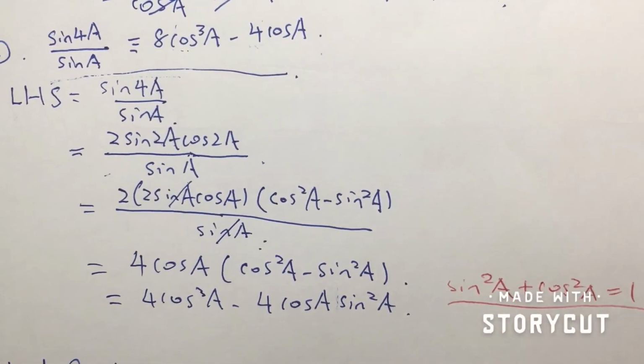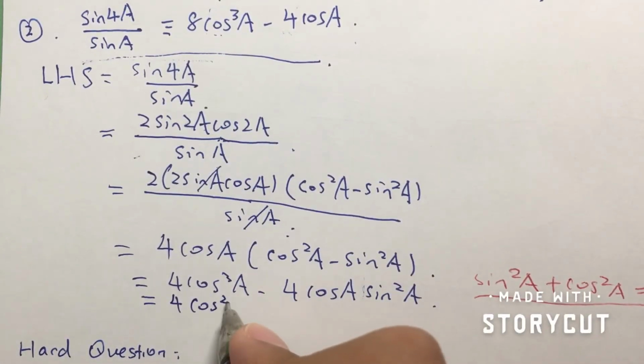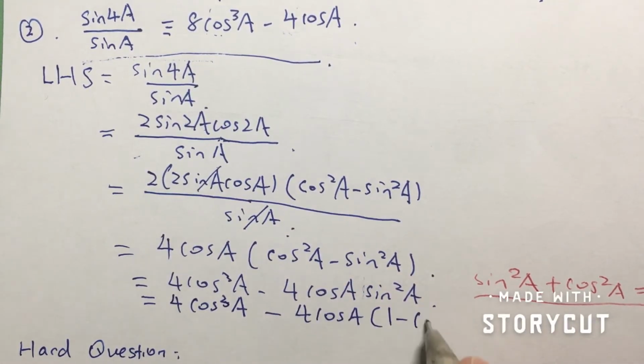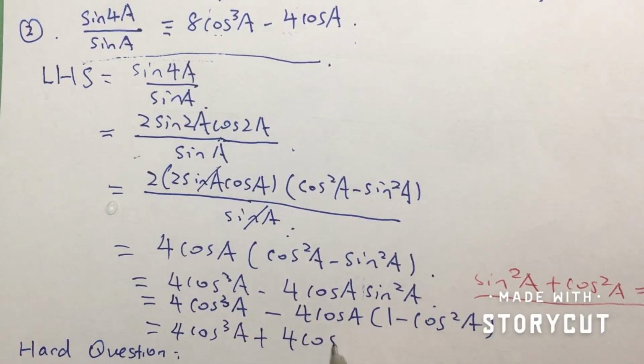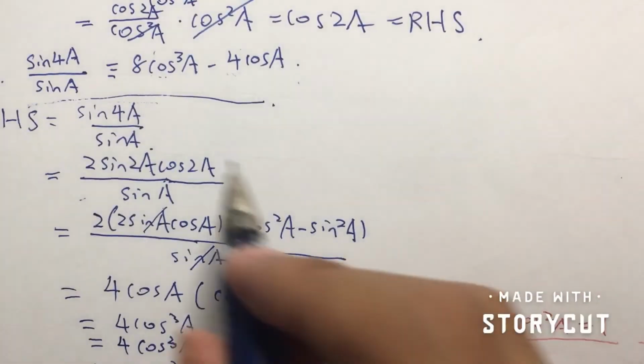Let's use this, which means that is equal to 4 cosine cubed a minus 4 cosine a bracket 1 minus cosine squared a, and that is equal to 4 cosine cubed a minus 4 cosine a plus 4 cosine cubed a, which is equal to the right hand side.